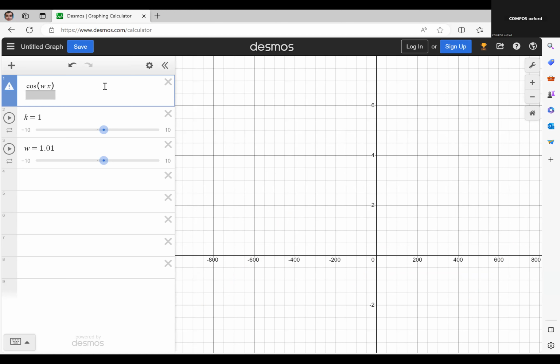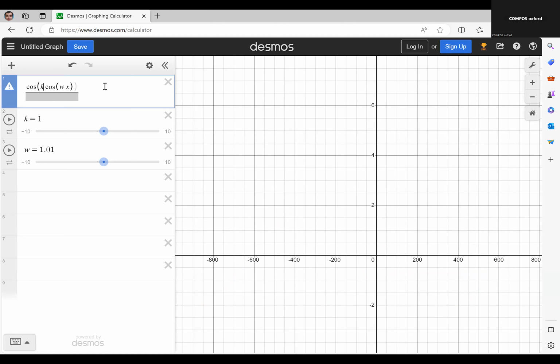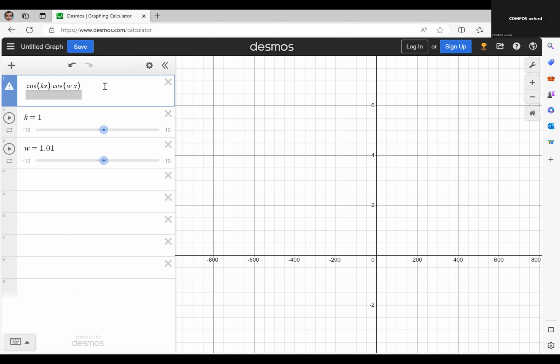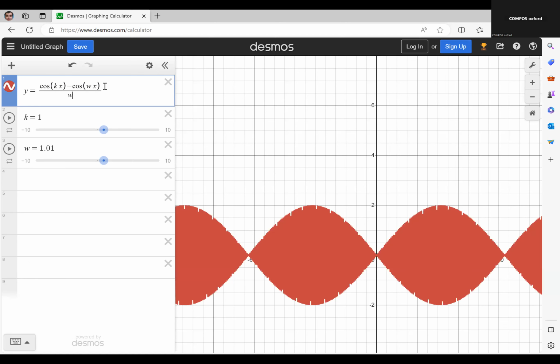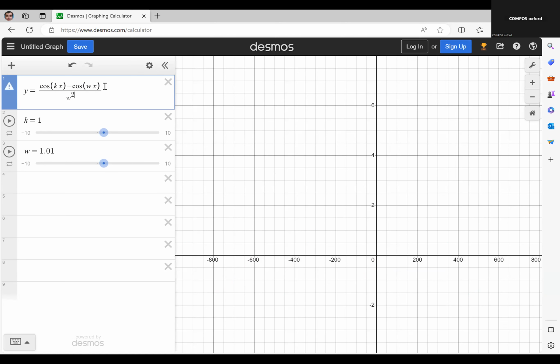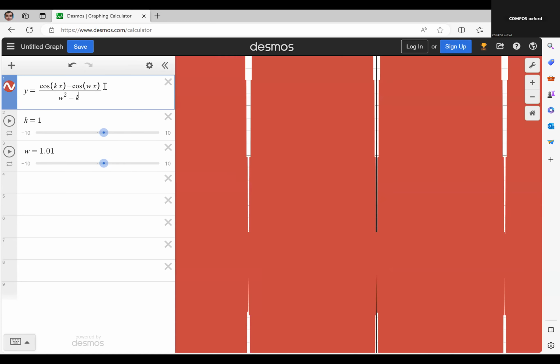So I want cos kx minus cos omega x on the top, and then as my denominator, I want my amplitude to be omega squared minus k squared.